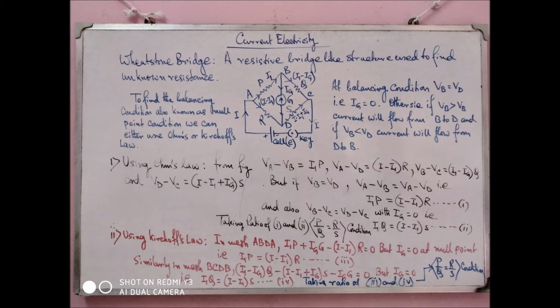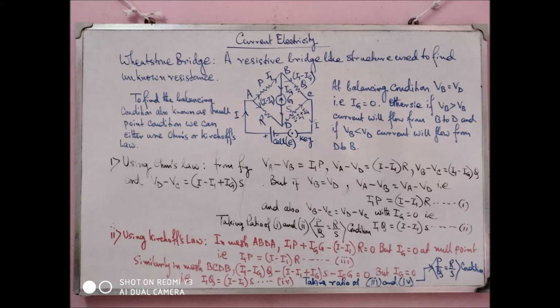So it is like a bridge, the upper arm and the lower arm resemble each other. So this ABCD rhombus is forming a bridge of 4 resistors P, Q, R, S.